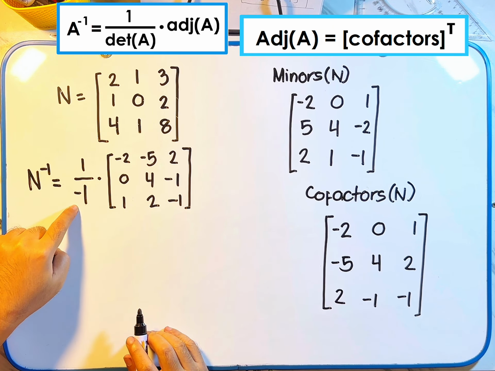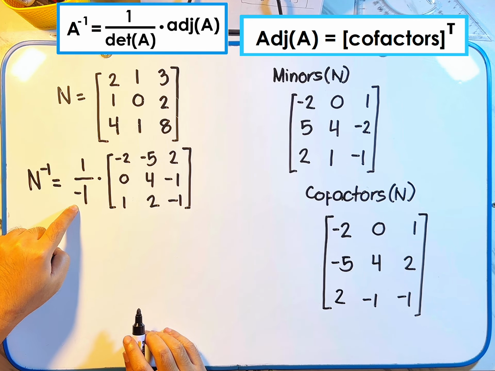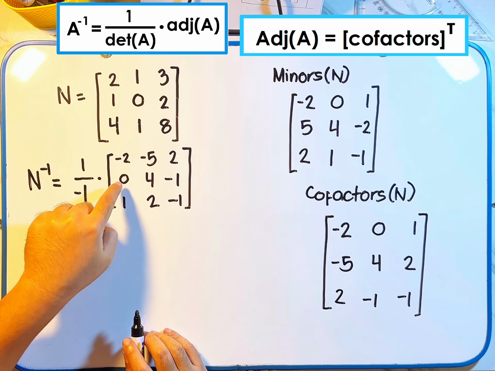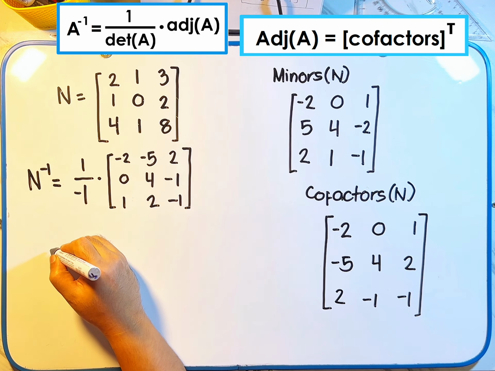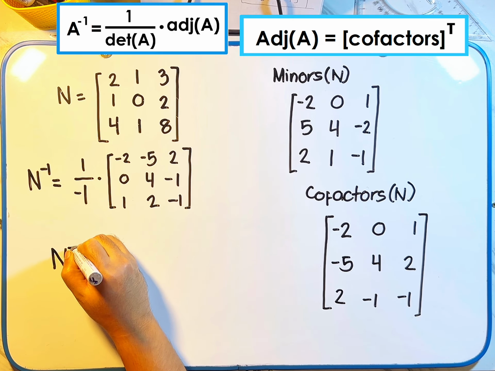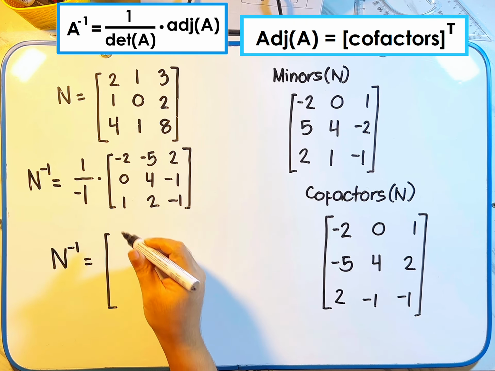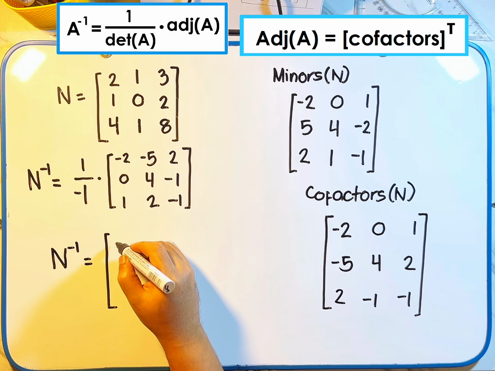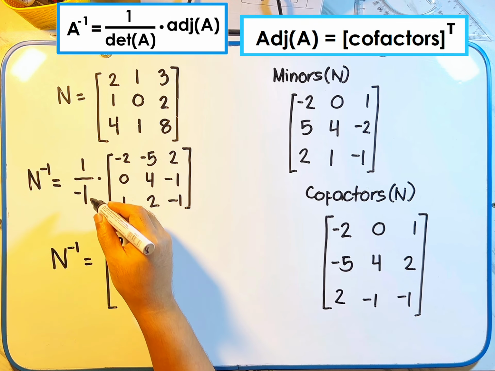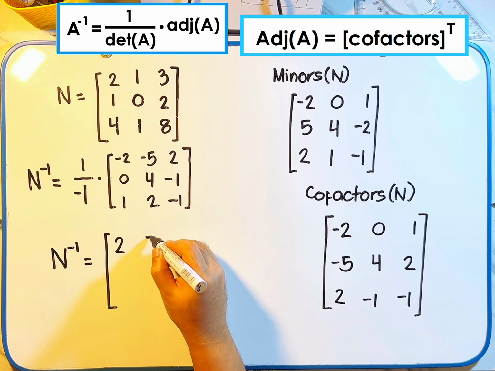And 1 divided by negative 1 is equal to negative 1. So we have to multiply negative 1 to each of these elements inside. And finally, the inverse of matrix N is, so negative 1 times negative 2 becomes positive 2. Negative 1 times negative 5 becomes positive 5. Negative 1 times 2 is negative 2.